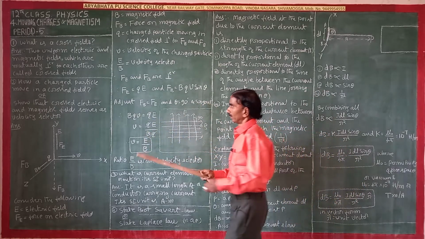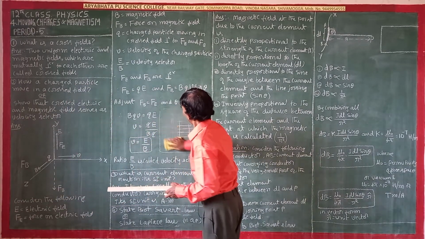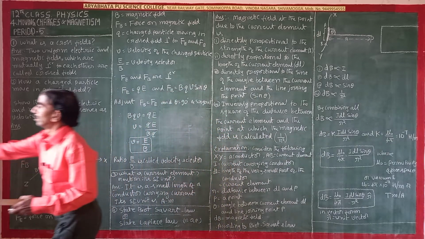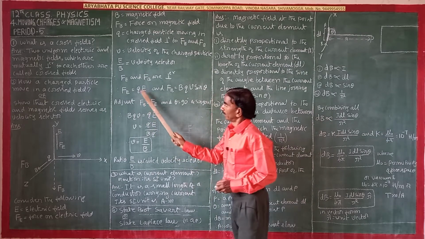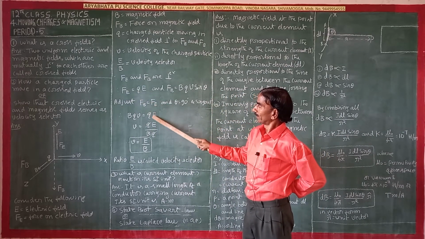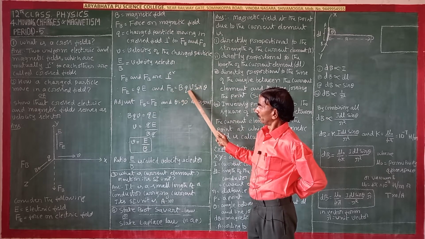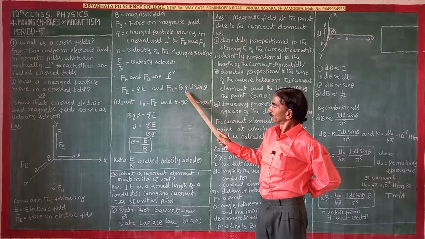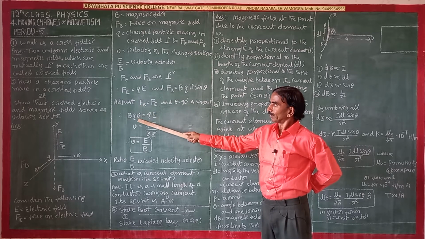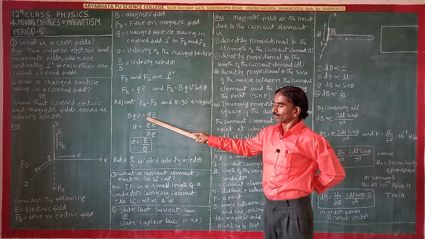So Fb is equal to BQV. So Fb is equal to Fe, BQV is equal to QE.